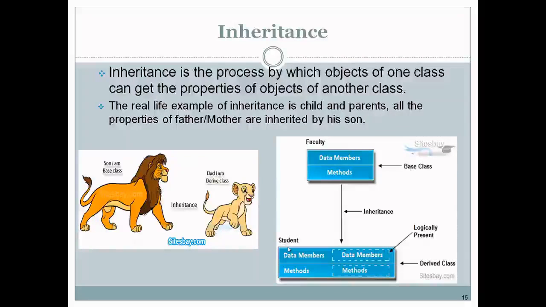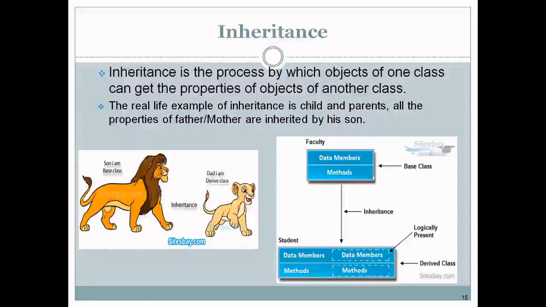So instead of redefining the properties which are already present in faculty class, what we can do is we can inherit the properties from faculty class into a student class. We can get the properties from faculty into the student, and that is called as inheritance. It's acquiring, getting properties from another class.